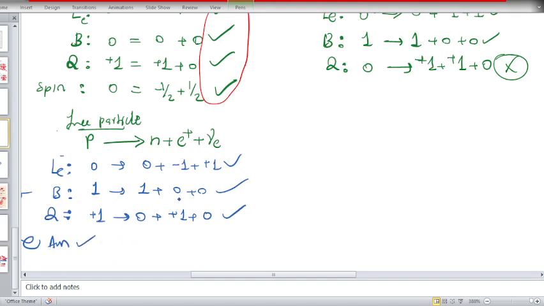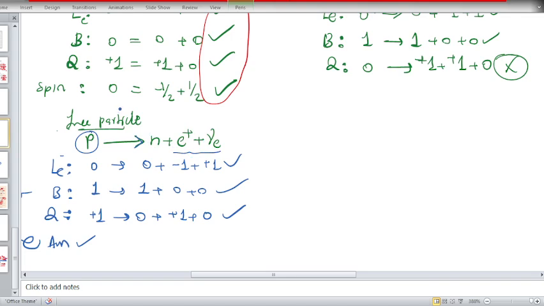But when you consider the energy, you have to consider the mass of proton, the mass of neutron, and the positron, etc. The mass of proton will be lesser than the mass of neutron. And you also have the positron and neutrino on this side, so you have more mass on this side.